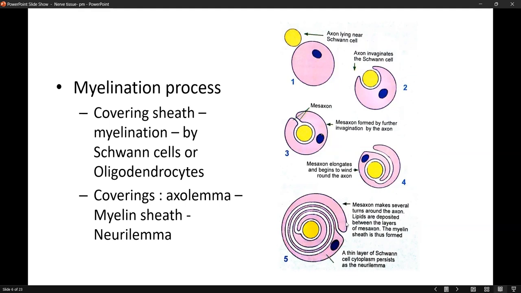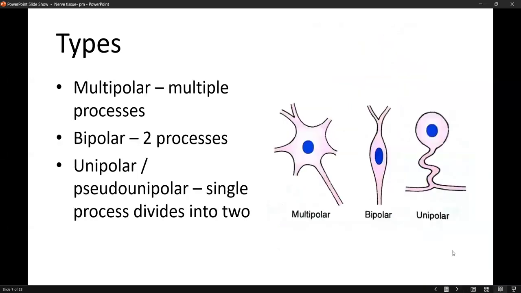So such axons are called myelinated axons. In the peripheral nervous system, we see this more. And in the central nervous system, the myelin sheath is not provided by Schwann cells, but by another neuroglia called the oligodendrocyte. So this is just to mention what a myelinated axon is.